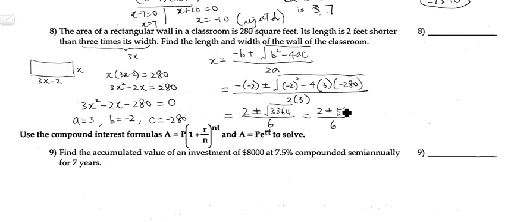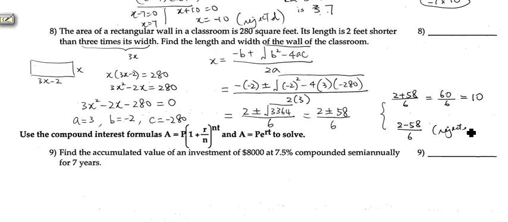So that really means we have plus or minus, right? So we have 2 plus 58 over 6. That gives you 60 over 6. That gives you 10. You have 2 minus 58 over 6. And I'm going to reject this.